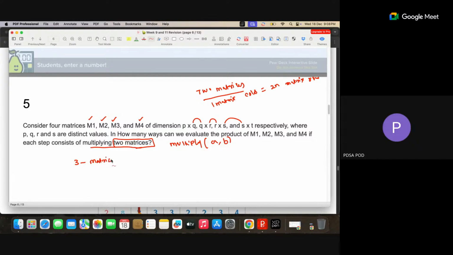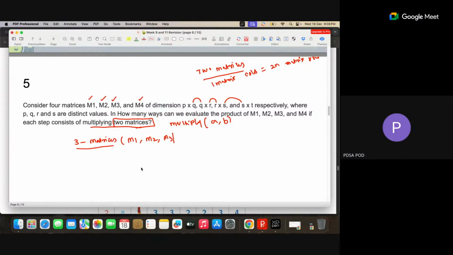How many ways to multiply these? The first way: your function takes two matrices at a time, so the function takes M1 and M2, and whatever value is returned, we multiply with M3. Is it right? Yes, sir. This is the first way.